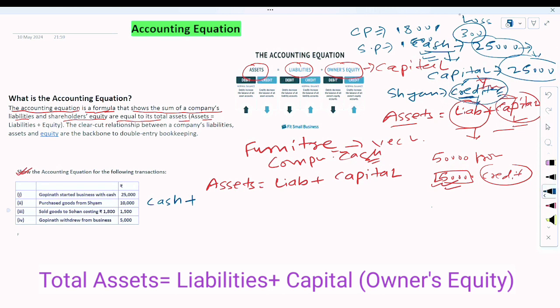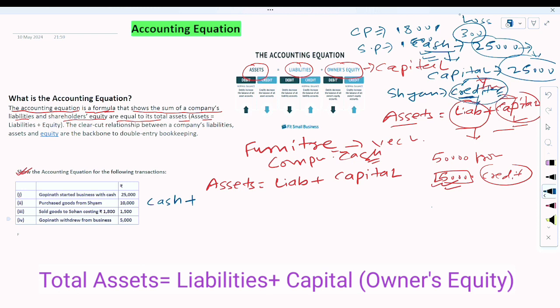Here also goods sold to Sohan. It means Gopinath is selling goods on credit. If in any transaction at the time of purchase or sale the name of that person is given, it means at the time of purchasing they are purchasing goods on credit, or at the time of selling goods they are selling goods on credit.